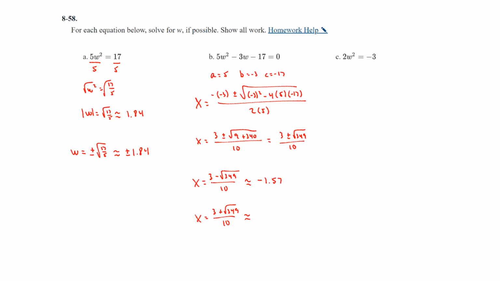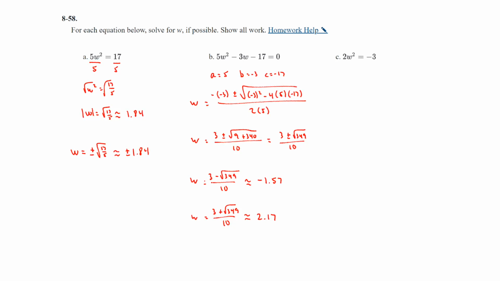And then if we take 3 plus the square root of 349 divided by 10, we get approximately 2.17. And so those would represent our two solutions. I used x. I just realized technically it was set up for w, but it still works the same way, just the wrong variable.